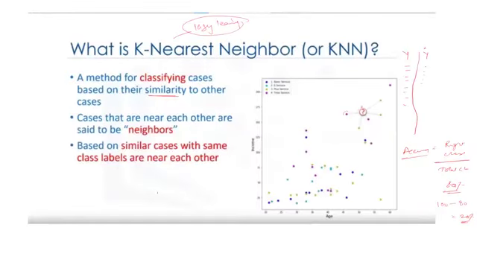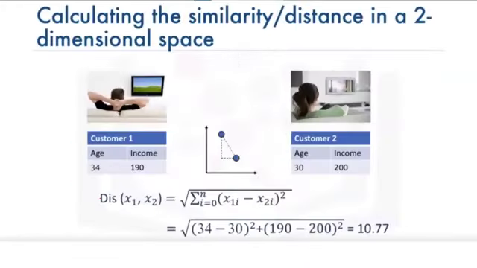I hope you might have come across this particular distance measure. Here we go with the Euclidean distance. You might have heard about it somewhere. It's a very simple formula. Let's suppose I have these two customers.